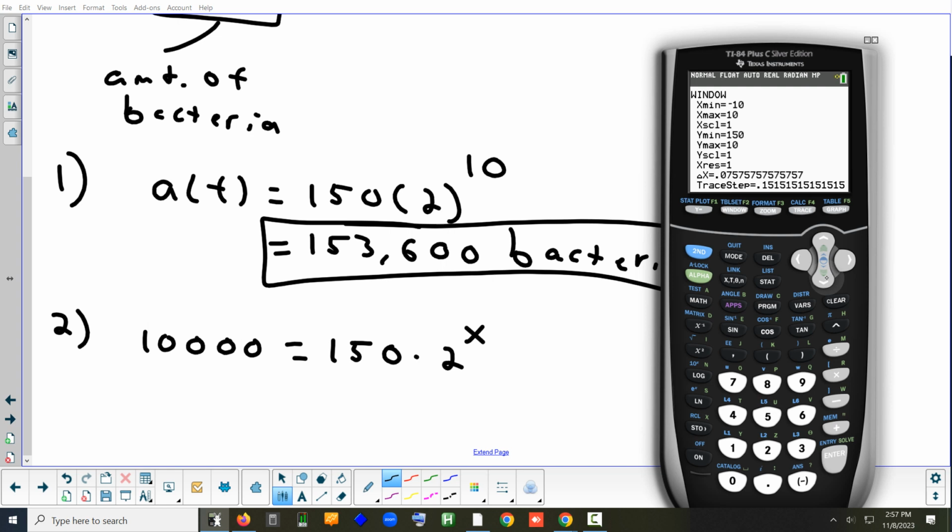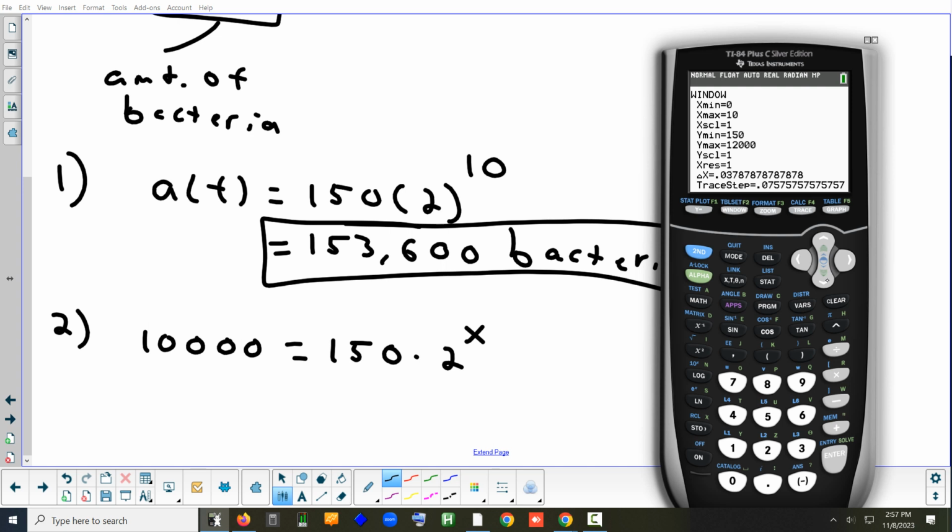And we want to know when we're going to reach how much bacteria? 10,000. So let's go to 12,000. X is the amount of hours that have passed. What's the smallest amount of hours we could have that have gone by? 0. And the largest amount of hours, well, we don't know.